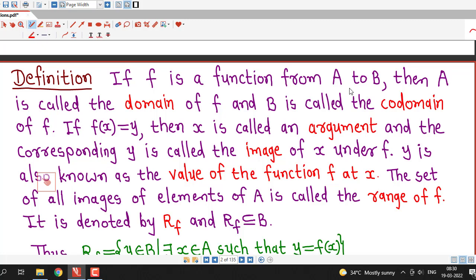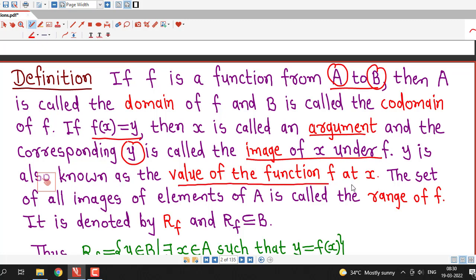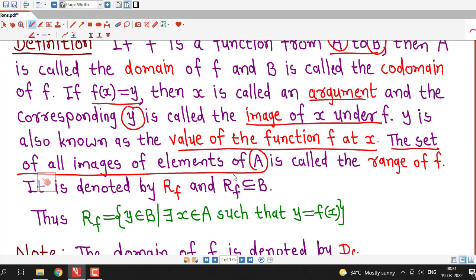Then I have defined all these things. If f is a function from A to B, then A is called the domain of f, and B is called the codomain. If f(x) = y, then x is called the argument, and the corresponding y is called the image of x under f. Y is also known as the value of the function f at x. Then the range is the set of all images of elements of the domain. The range of a function is always a subset of the codomain.